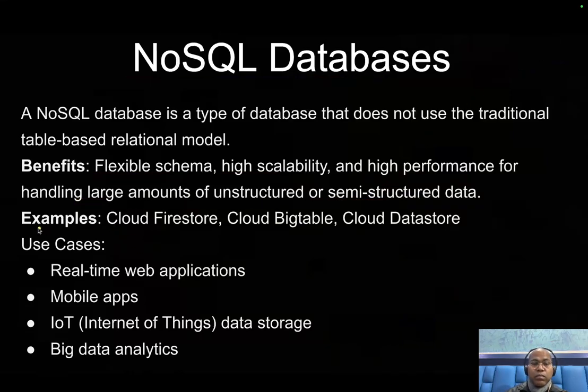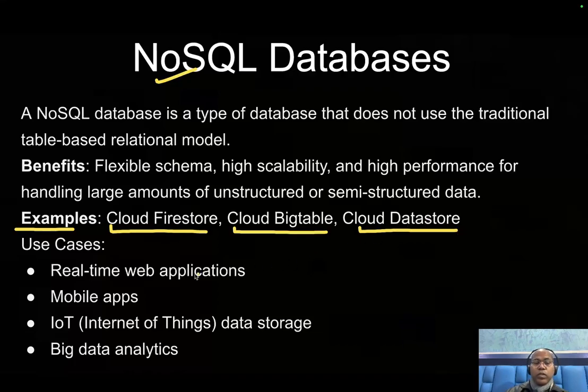And talking about Google Cloud, Google Cloud offers a couple of NoSQL databases. Maybe you can say Cloud Firestore, Cloud Bigtable, and even Cloud Datastore. Cloud Datastore is the next gen of Cloud Firestore, specifically designed for mobile applications and web applications. Okay.